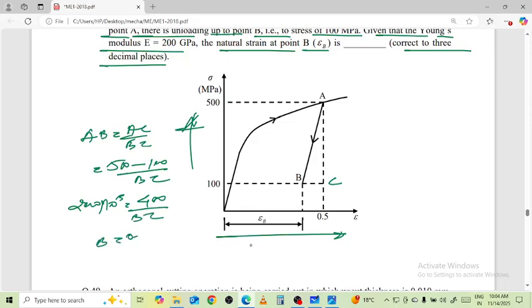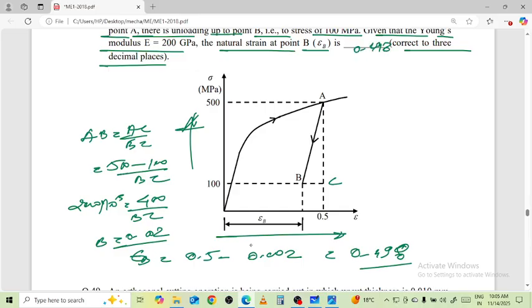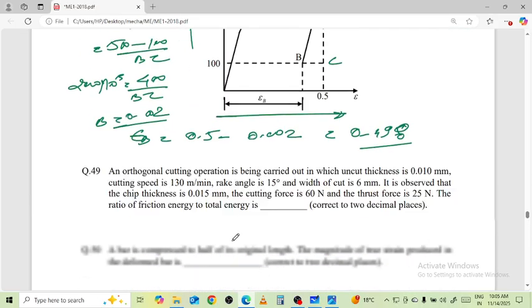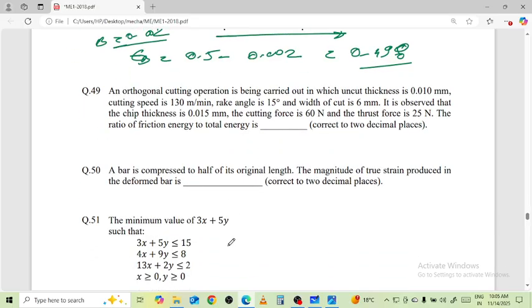BC is equal to 0.002, and epsilon B is 0.5 minus 0.002, which is 0.498. This is your easiest possible correct way.